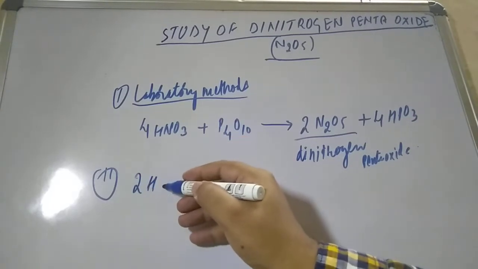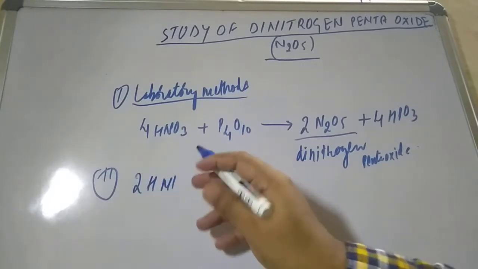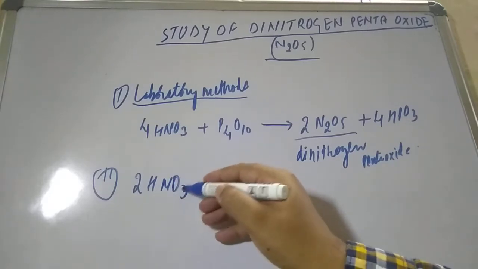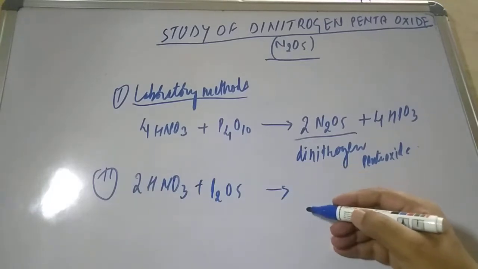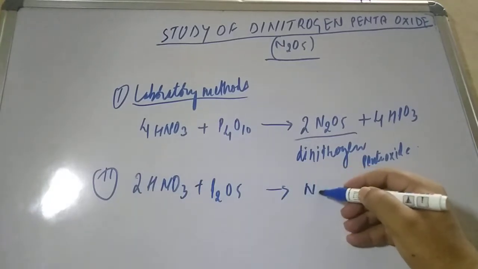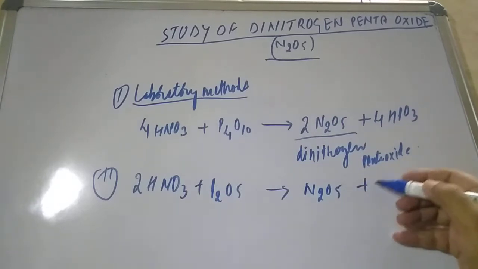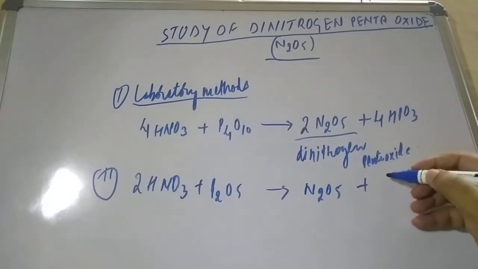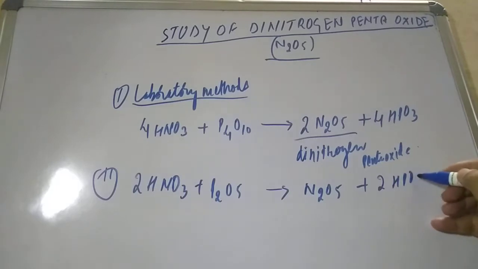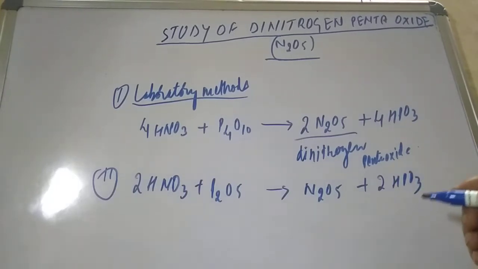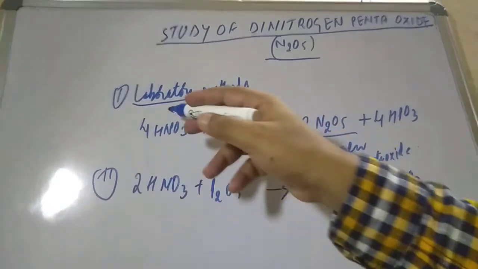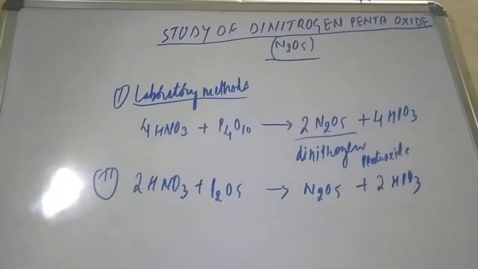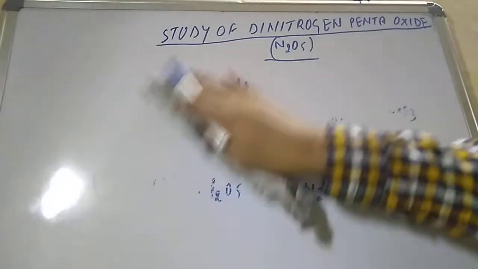Suppose you are taking 2 mole of HNO3 plus P2O5, then you will get 1 mole of N2O5 plus 2 mole of HPO3. So this is the method of preparation of N2O5 from the same nitric acid. Here the number of moles will reduce.